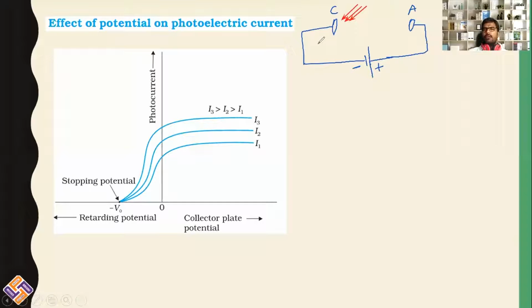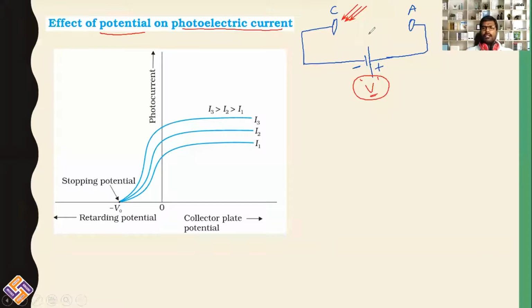Students, now let us learn what is the effect of potential difference on photoelectric current. We are providing some potential difference V. What is the effect of this potential difference with respect to current in the circuit?